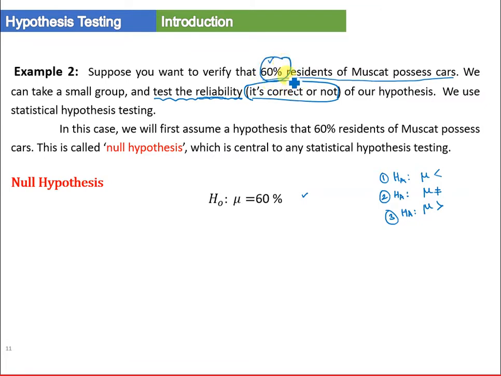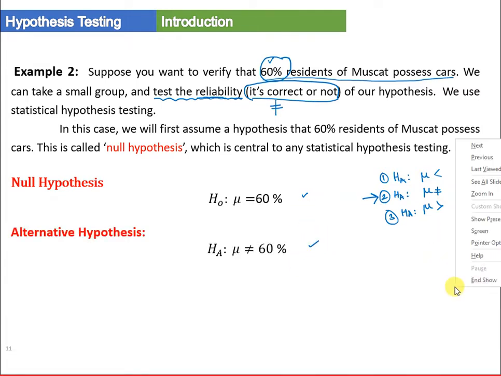We are not talking about less than 60% or more than 60%. We are just talking about whether it is correct. Correct means equal, or not correct means not equal. So this will be your alternative hypothesis. The highlighted word is 'correct or not' when we are checking the reliability of the claim. So the alternative hypothesis will be not equal. Remember, the alternative hypothesis will be any one of these. It cannot be all three together.